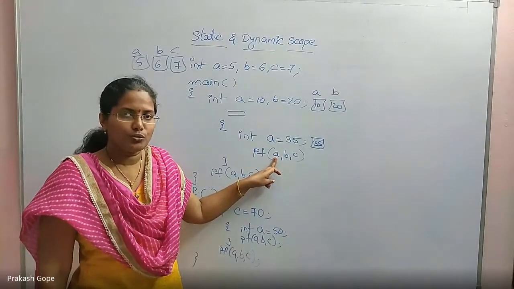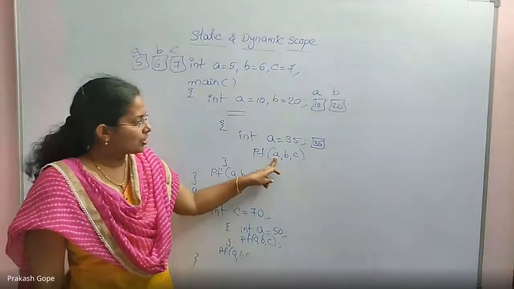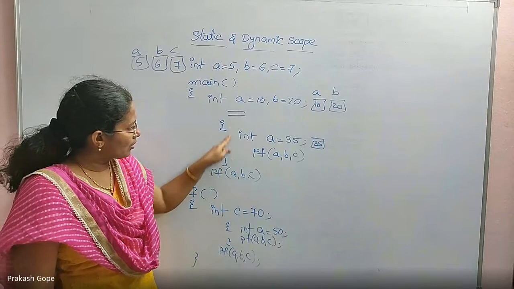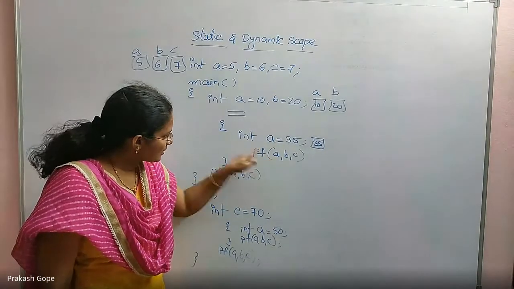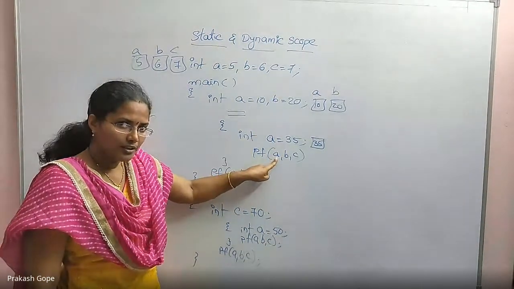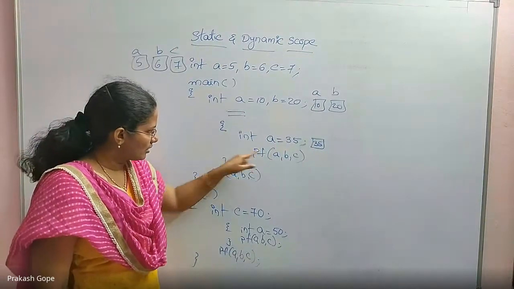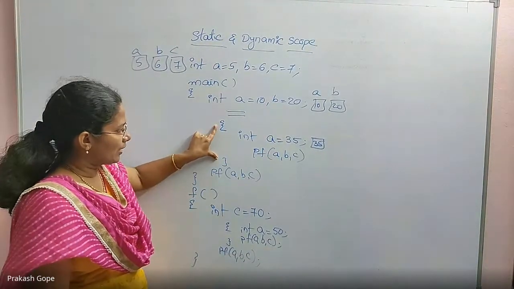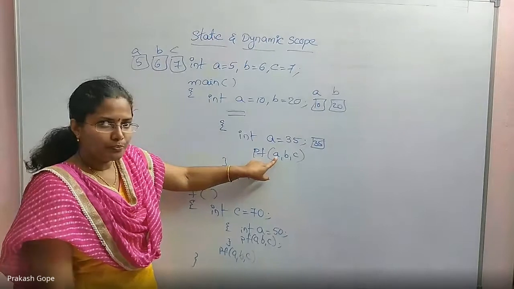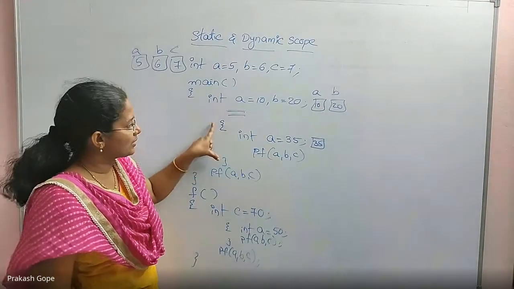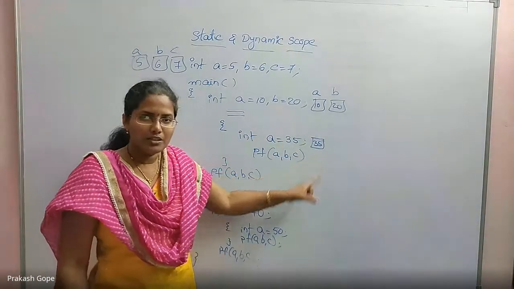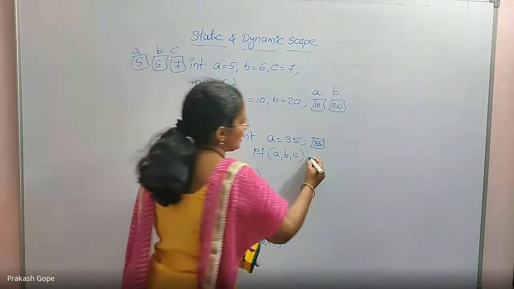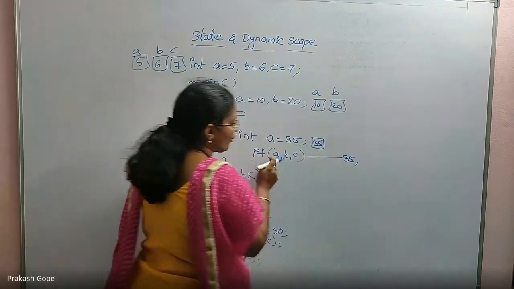Obviously it tries to access the variable declared within this block, because this printf line is present in this block. Do I have a? Yes, I have. So it will access that a. So 35 gets printed for a.